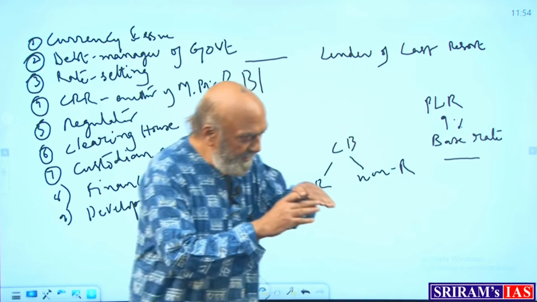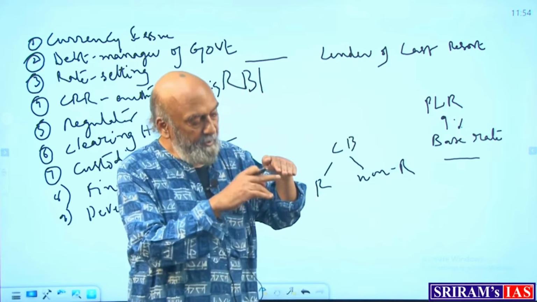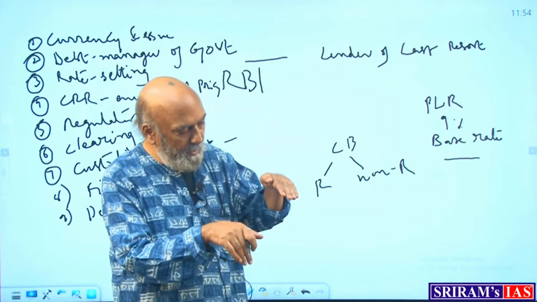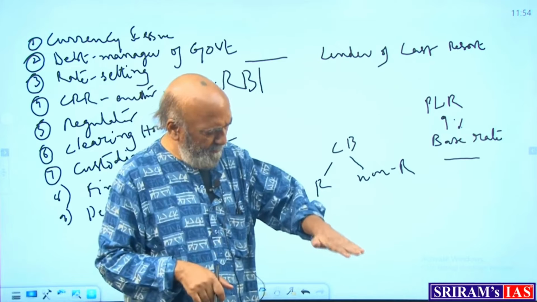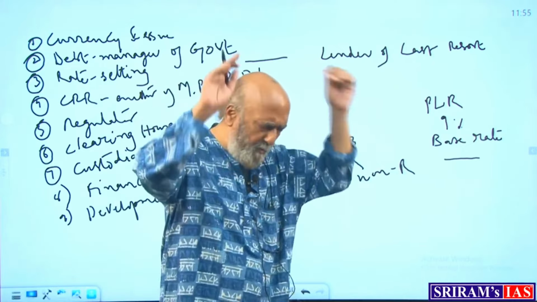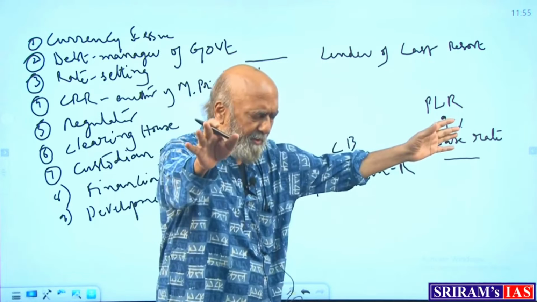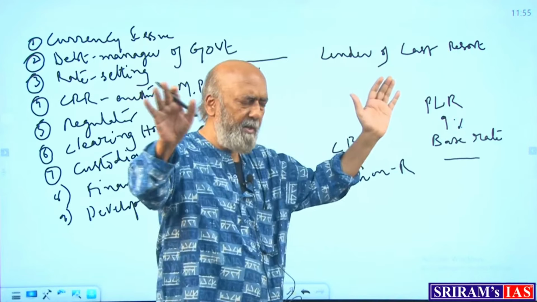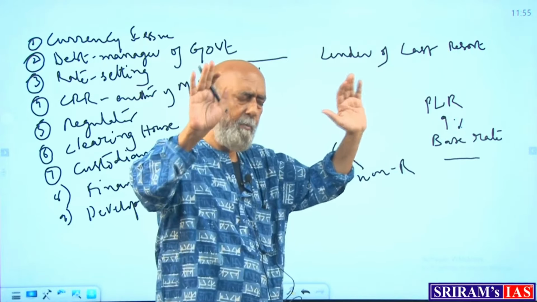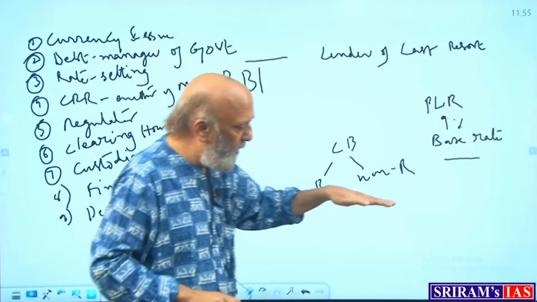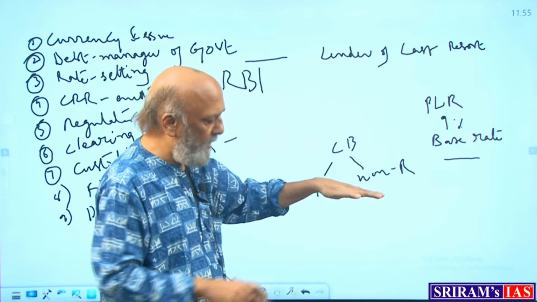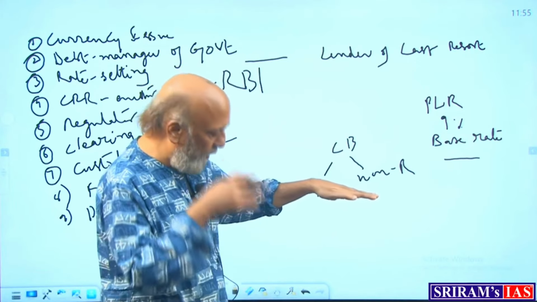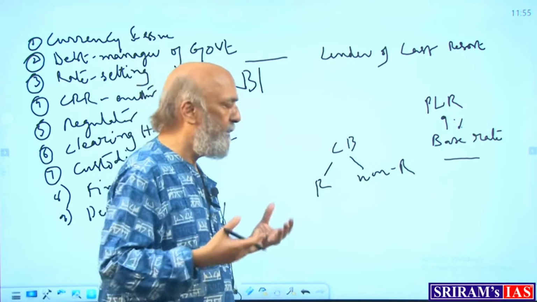Because you are lending sub-PLR, you are having to overcharge the MSME. Fix a base rate, whatever. You are banks, you fix a base rate. SBI, ABC, XYZ, you fix a base rate. Bank-specific base rate. Don't go below that, because if you go below that, you're overcharging the other guys, for whose good I have lowered the rate.